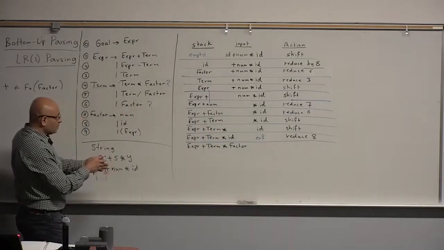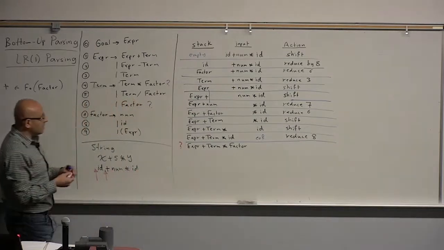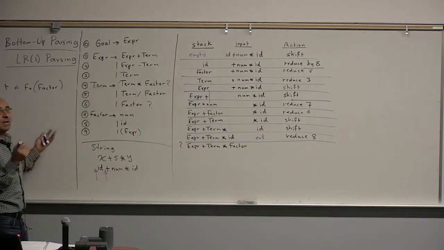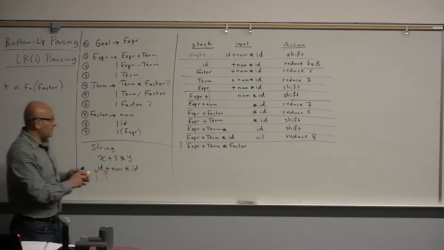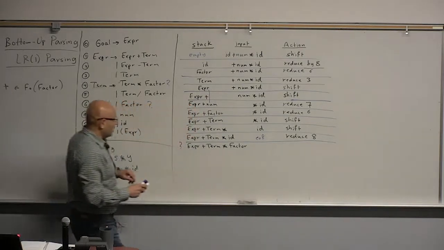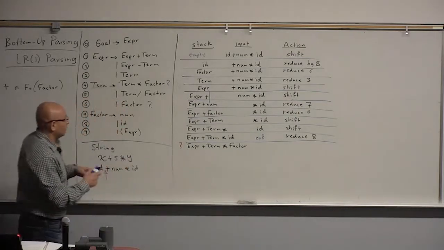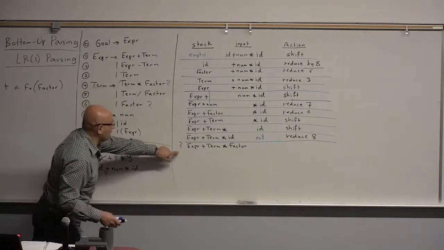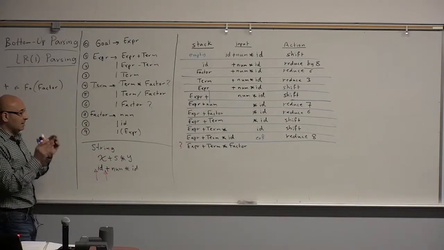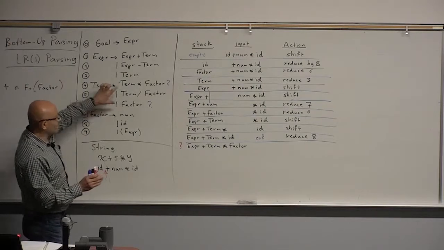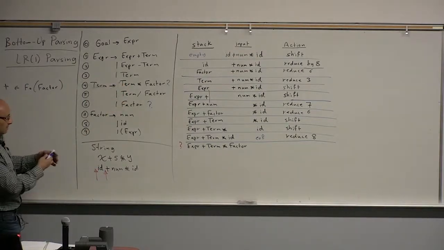So here let's put just a question mark, and let's say with some magic or logic, we can determine that term times factor is the right reduction. This question mark indicates that it's not quite obvious how we can systematically decide which one of these two possible reductions is the one that we should take.